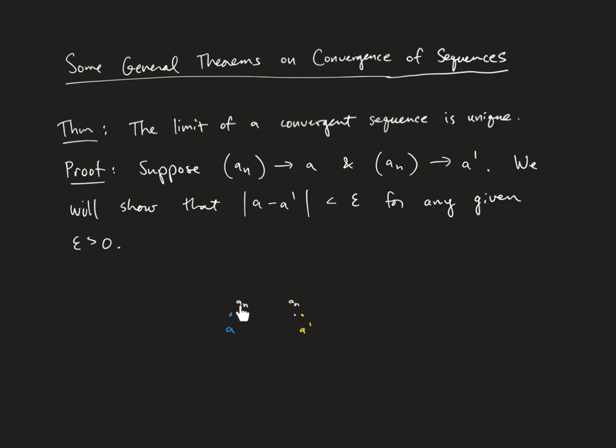So we can make the distance between the A_n's and A arbitrarily small, but also we can make the distance between the A_n's and A prime arbitrarily small, right? So if A is arbitrarily close to A_n and A_n is arbitrarily close to A prime, well then A and A prime should be arbitrarily close, right? We can make this distance as small as we want, we can make this distance as small as we want, so the sum of those distances should be as small as we would like. So that's the basic idea.